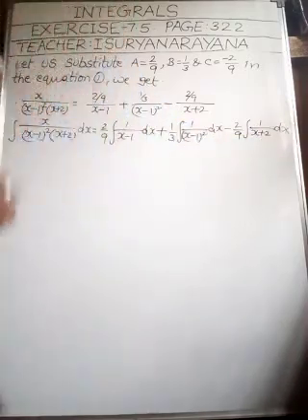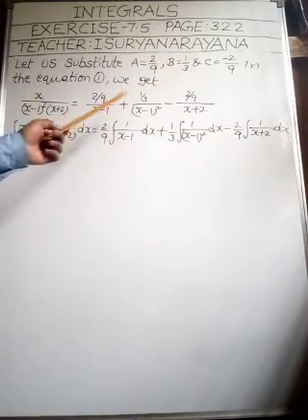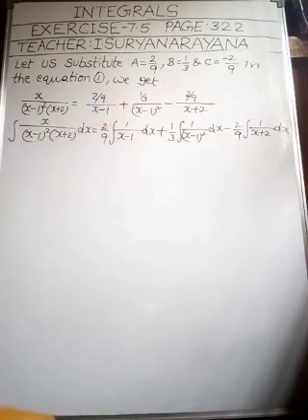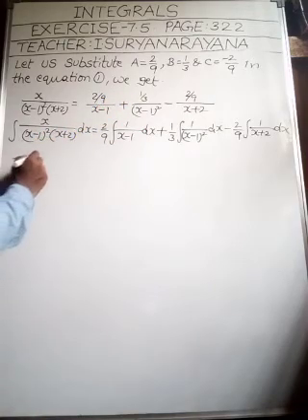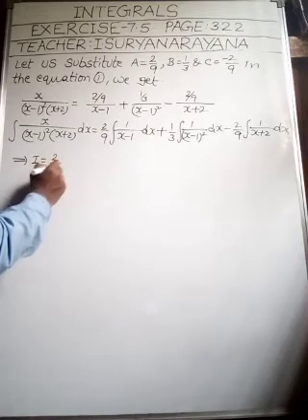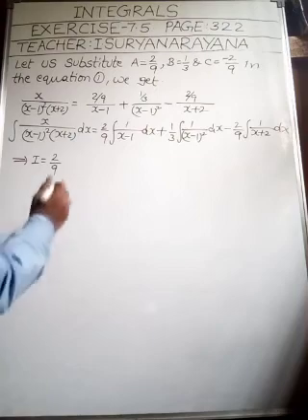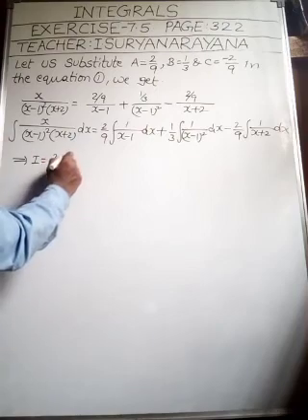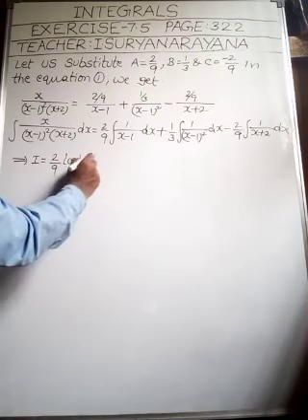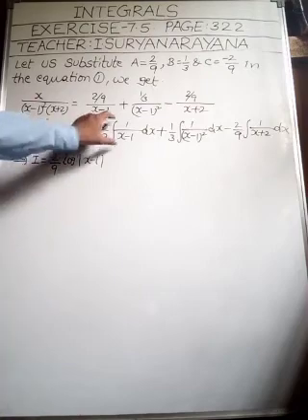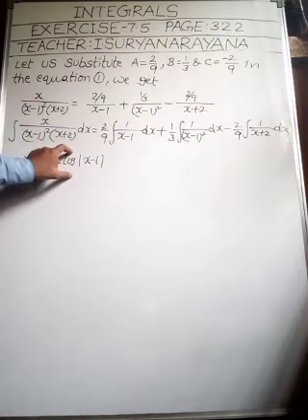Here I wrote this step directly by taking the integrals of these three terms separately. Okay, my children? Right. This implies I is equal to 2 by 9. It is in the form of integral 1 by ax plus b. That is equal to log mod x minus 1. Okay, my children, understood the integral of this first term?